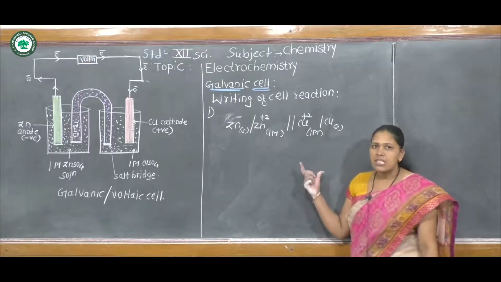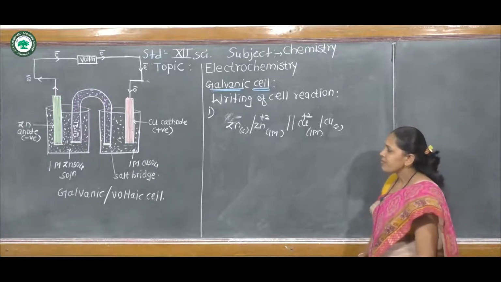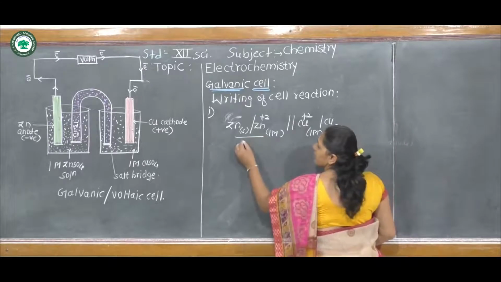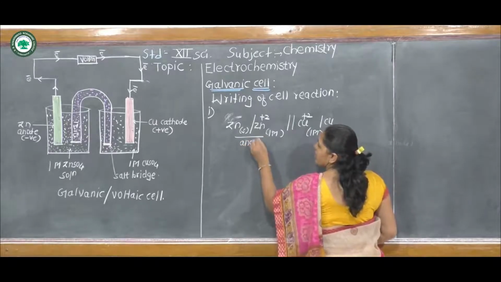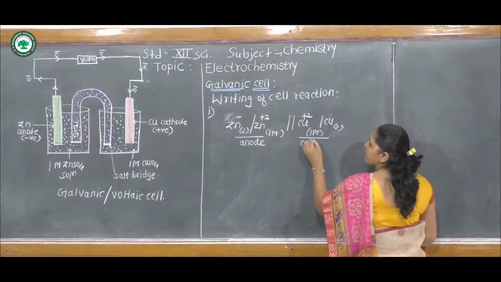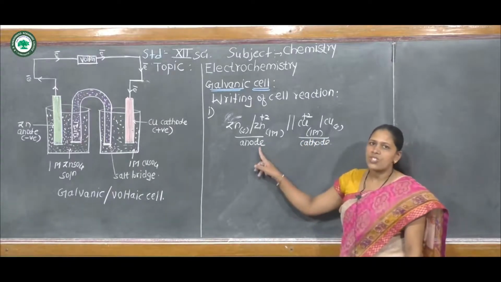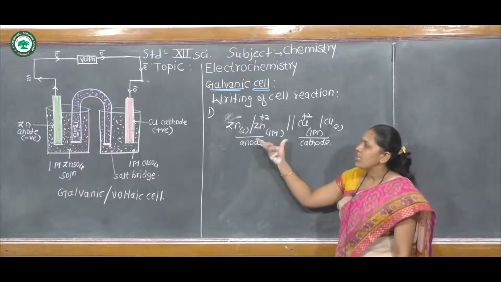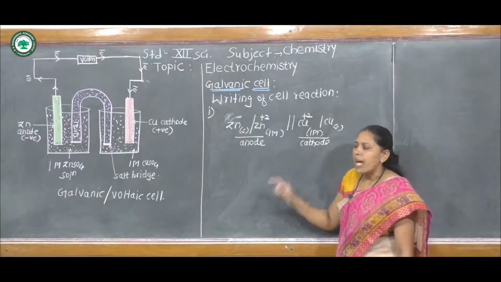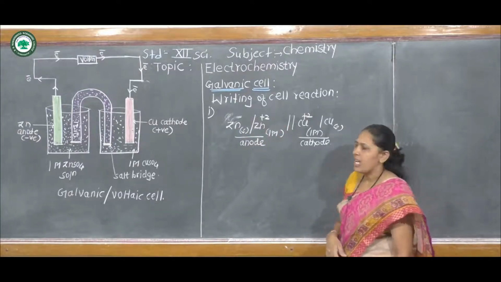For this cell, we have to write cell reaction. First, left hand electrode, anode, that is zinc acts as an anode, right hand electrode, copper, acts as a cathode. We know that at anode oxidation takes place, therefore in this cell zinc metal undergoes oxidation by loss of 2 electrons, because here zinc plus 2 ions.